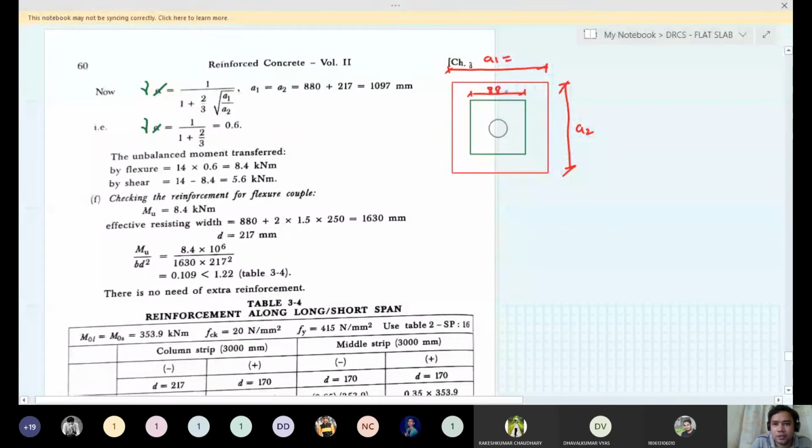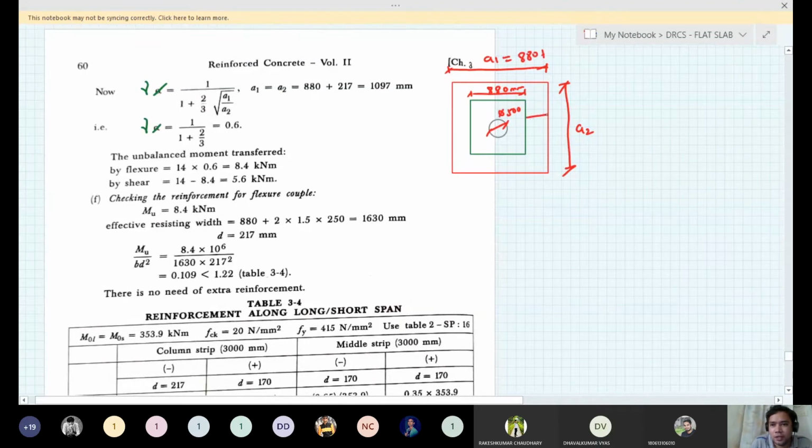Now a1 and a2 both are, see, this width is 880 mm. We have converted this diameter into an equivalent square. This diameter is 500 mm. So this will be 880 plus the d by 2 offset here and d by 2 offset here. So you have to add d by 2 plus d by 2, that is d, and your effective depth d is 217.